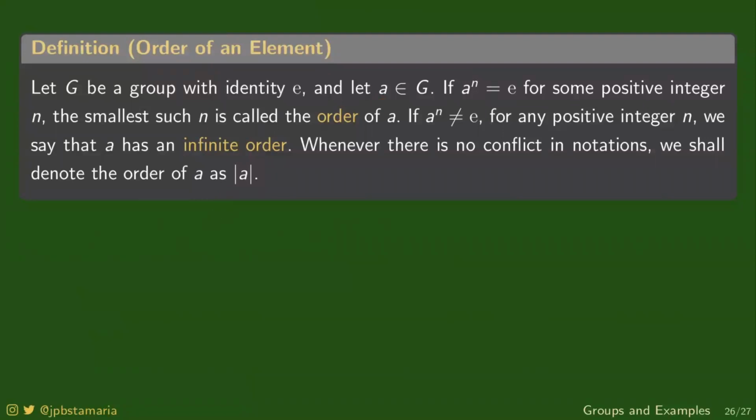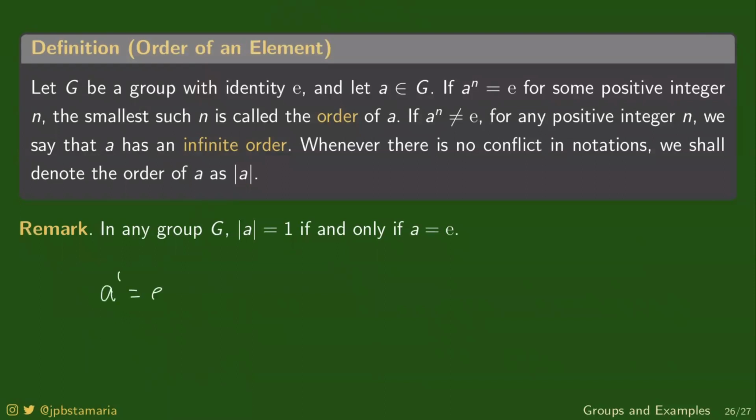In abstract algebra, whenever you see the symbol, it is the order of the element A in a group. Okay? It's not the absolute value. In any group, the only element with order 1 is of course the identity. Kasi pag ang A to the 1 ay E, di ba? That means A is the identity.